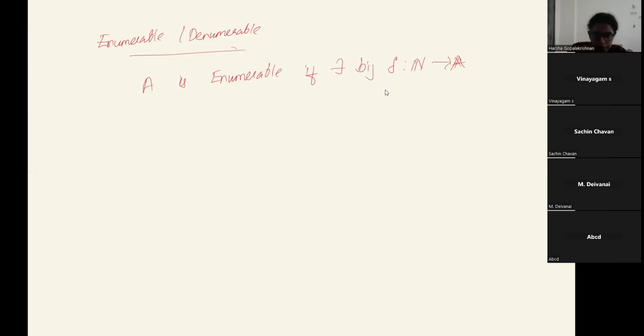For example, take A equal to the set of all 2n such that n is in N. What will be the elements in the set?